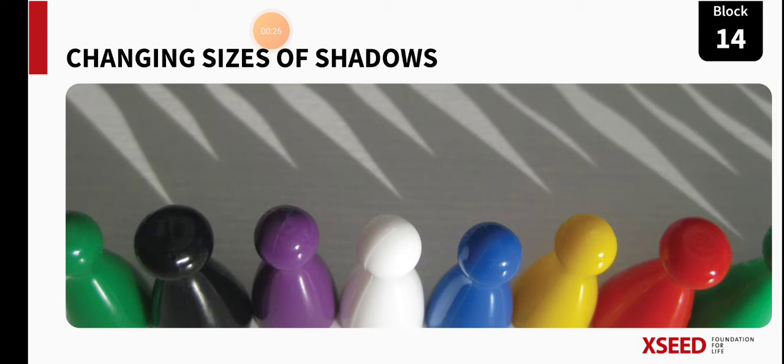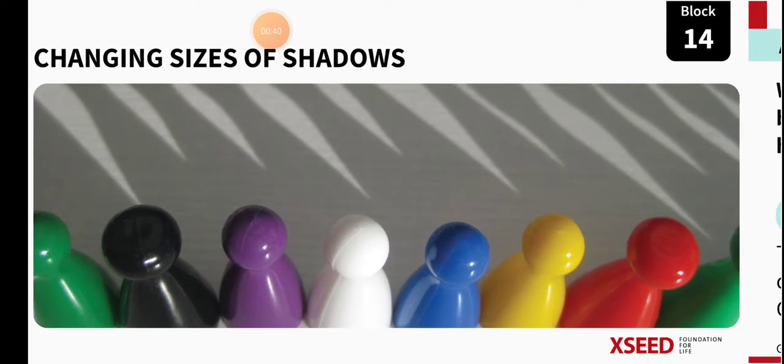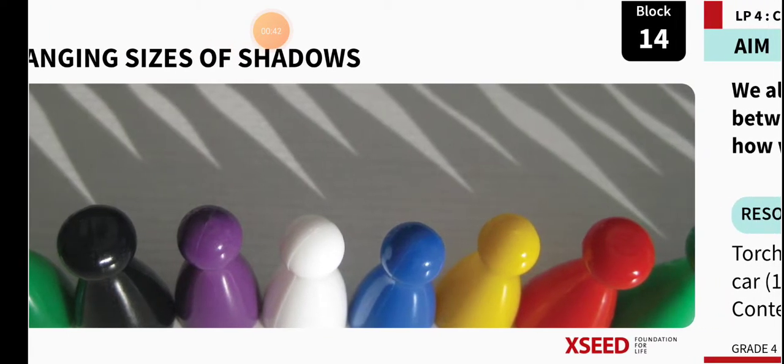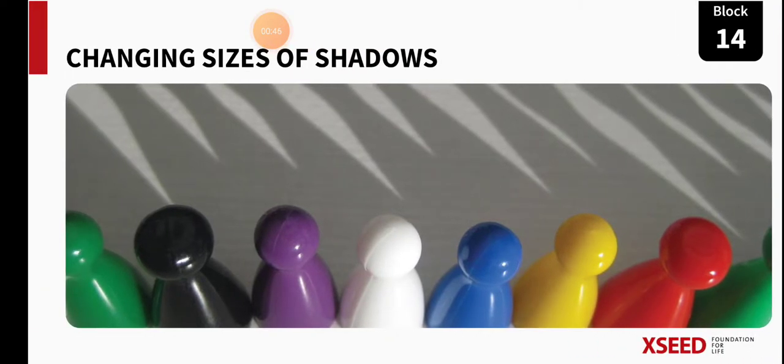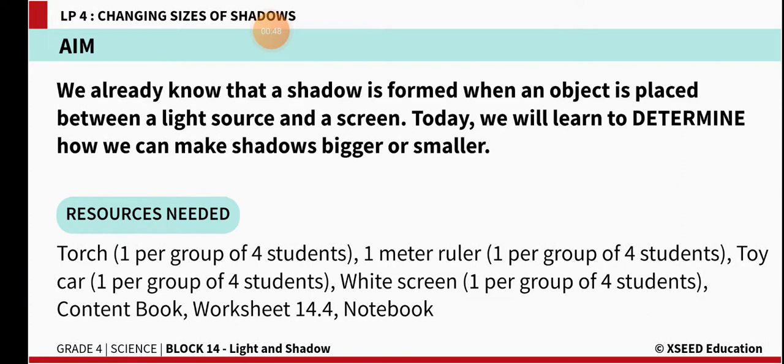How the shadow looks bigger and how it looks smaller, and what is needed for this. You can see the shadows in the figure, how these shadows are appearing, and how very long shadows are formed. You can understand by seeing this picture.